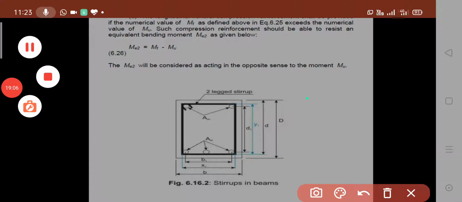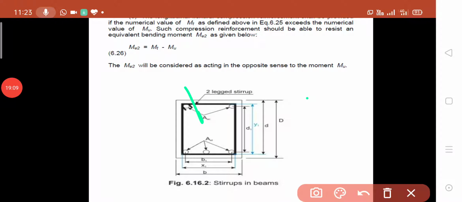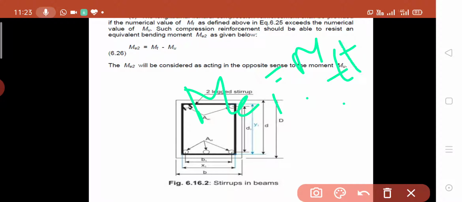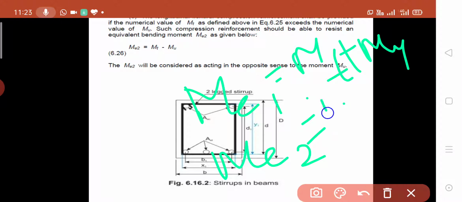For ME1, it is MT plus MU, and for ME2, it is MT minus MU. The ME2 will be considered as acting in the opposite sense to the moment MU.